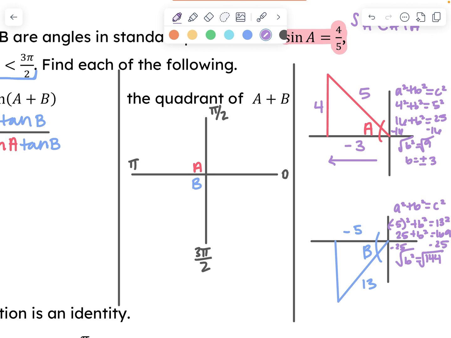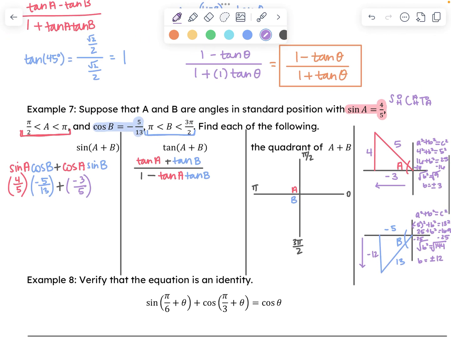Square root both sides. So b is equal to plus or minus 12. We are going down, so it's going to be negative 12. So I can come over here and fill in that sine of b using SO. Opposite over hypotenuse would be negative 12 over 13.